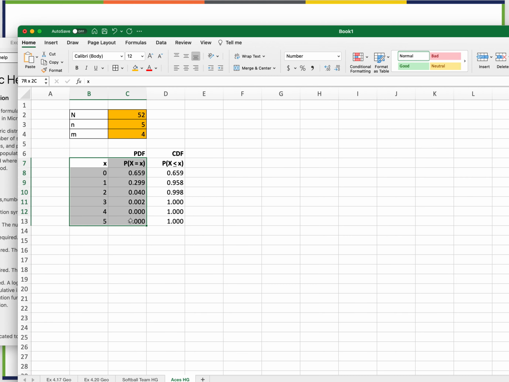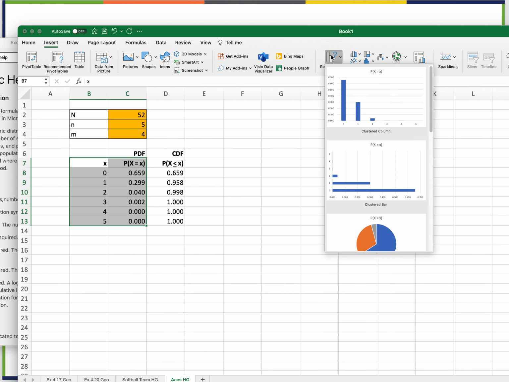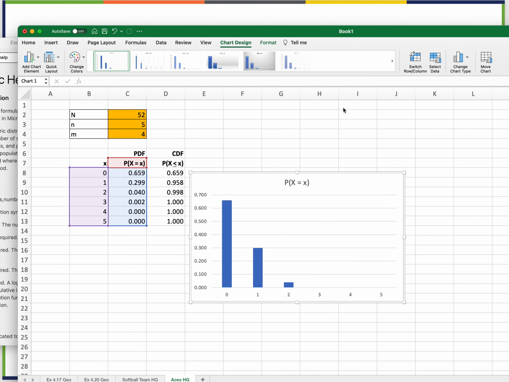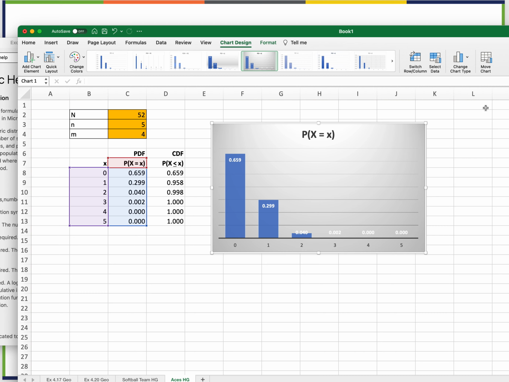So again, if I was to draw this, what would I do? I would say insert, and I would get this. And now, since it's a small number, I'm going to put the probabilities on it, and I'm going to do my thing of reducing the gap.